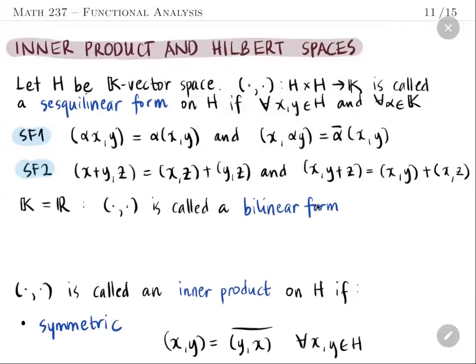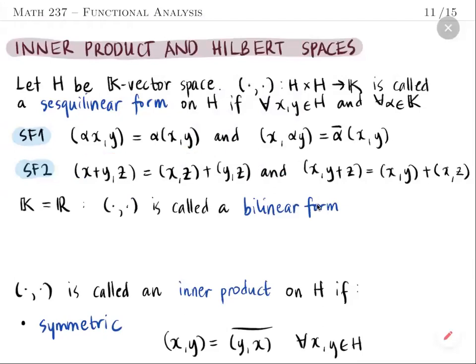On the vector space H, if for any x, y in H and alpha in the field of scalars K, we have the following properties. The value of the form at the vectors alpha x comma y is the same as alpha times the value of x comma y.